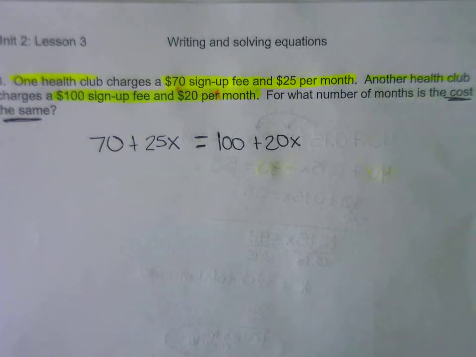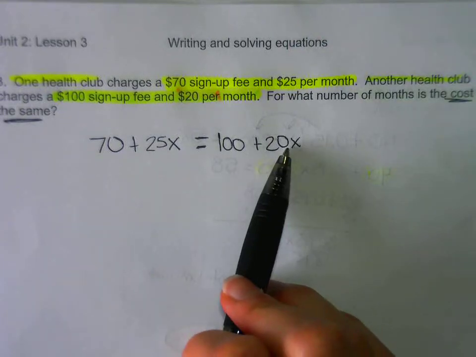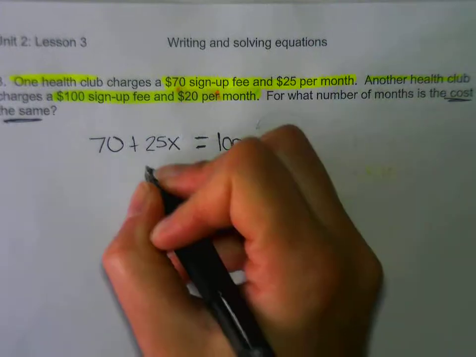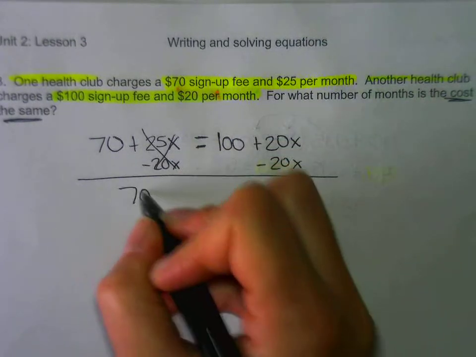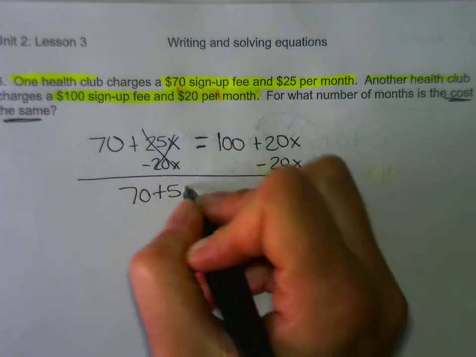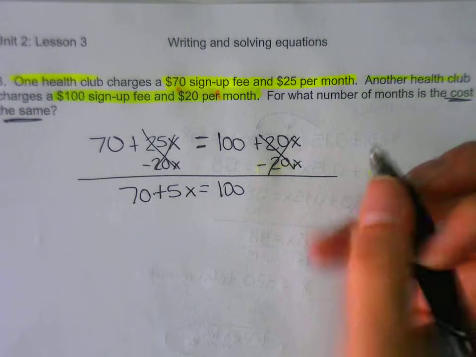So I do not have anything to distribute. There are no like terms on either side. So I'm going to get my variables together. I'm going to subtract 20x from both sides of my equal sign. So 70, oops, that does not cross out. That becomes a 5x equals 100. These become 0. So do not cross that out.